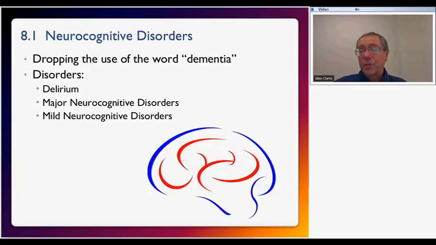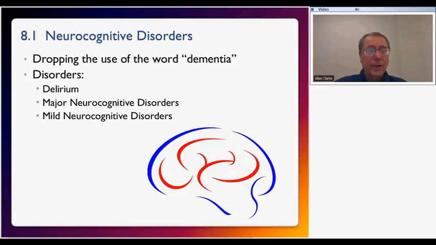It tended to be associated with just Alzheimer's disease, and it also tended to be associated with memory loss. And dementia doesn't require a memory loss. It's often there, but it doesn't have to be. And so they're using the word neurocognitive disorders now.